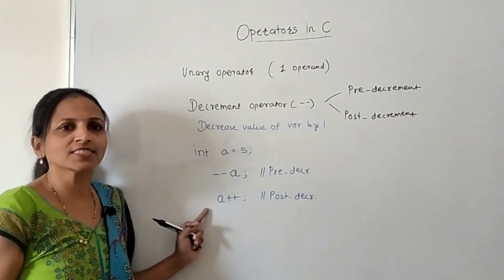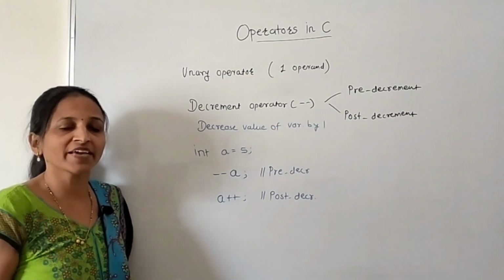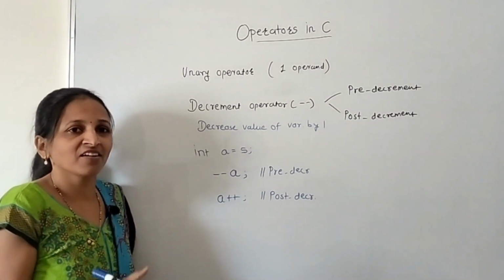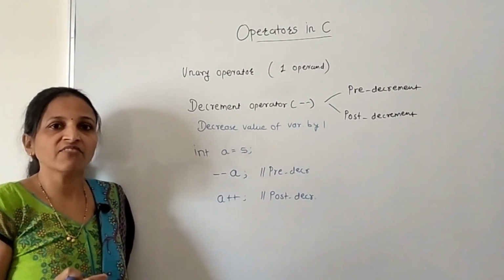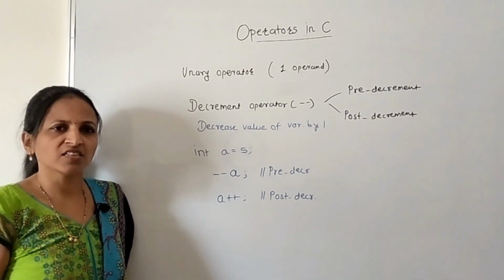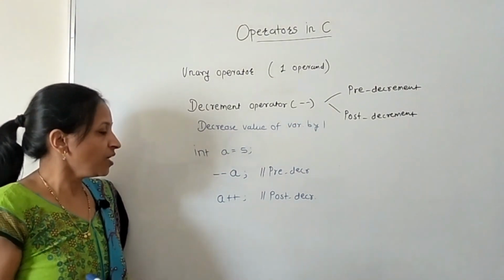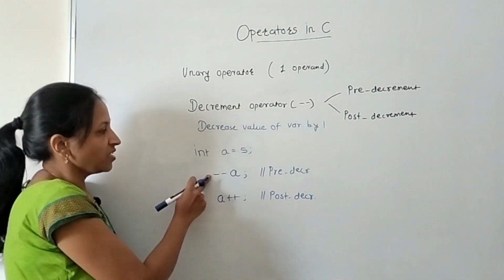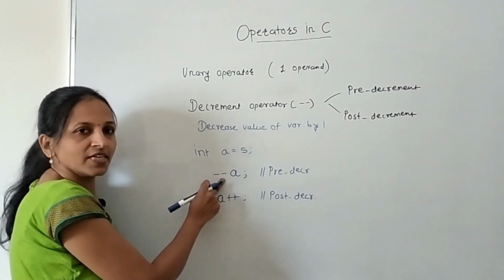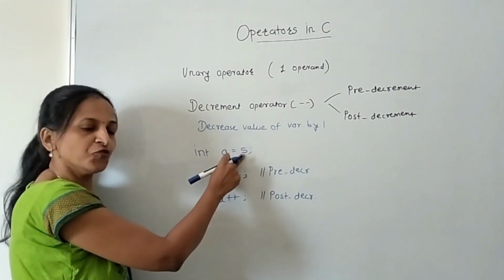In both cases the meaning is the same, like a equals a minus 1, means decrement the value of that variable by 1. The meaning will be the same, and after execution of this statement, the value of a will become 4.